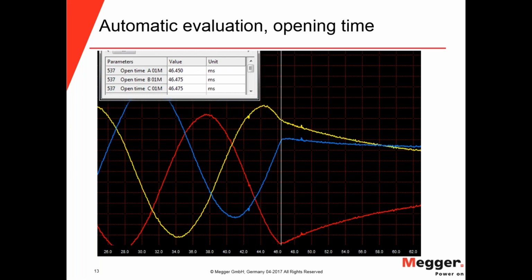This can look a little different on different installations. Sometimes it turns quite immediately to 0 volt, but sometimes you have this kind of decay of the signal, which makes it, of course, more difficult to analyze. But in this case, the software can manage that.